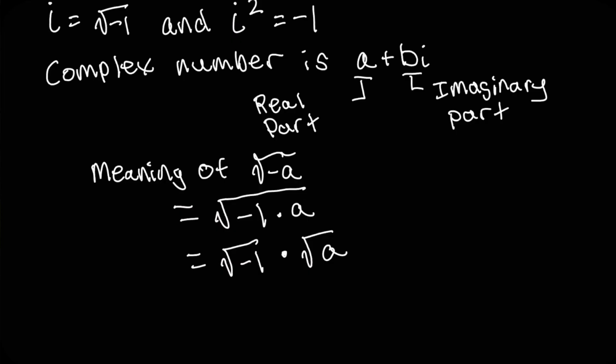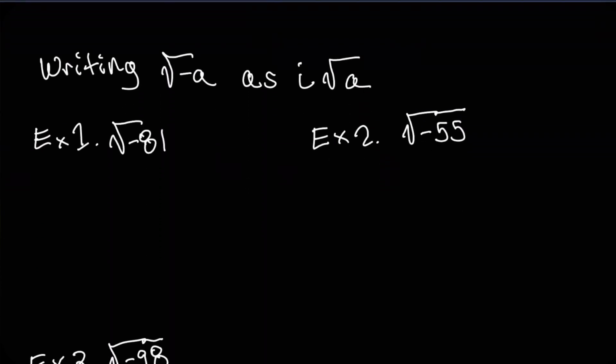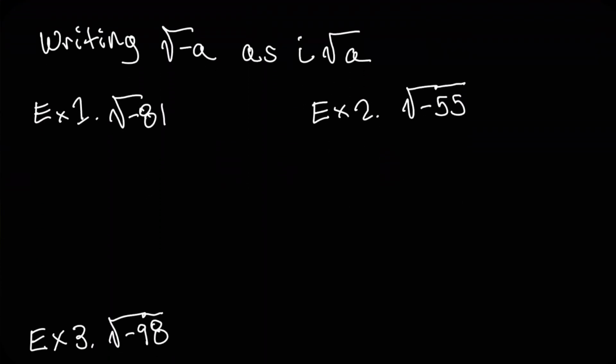So we can further reduce this and say i and then the square root of a. Okay, so let's look at some examples here. We want to write the square root of -a as i and then the square root of a.